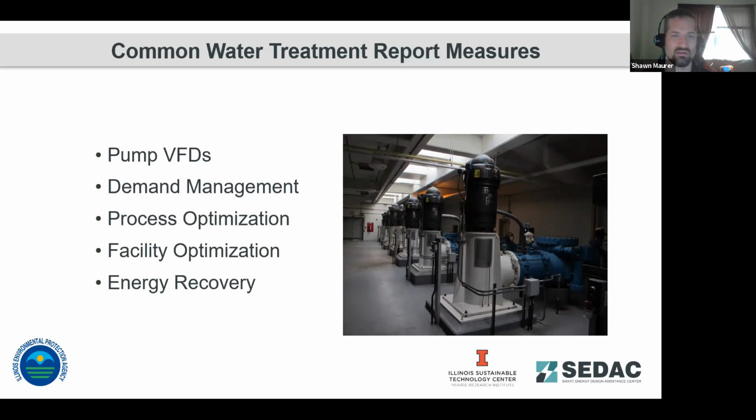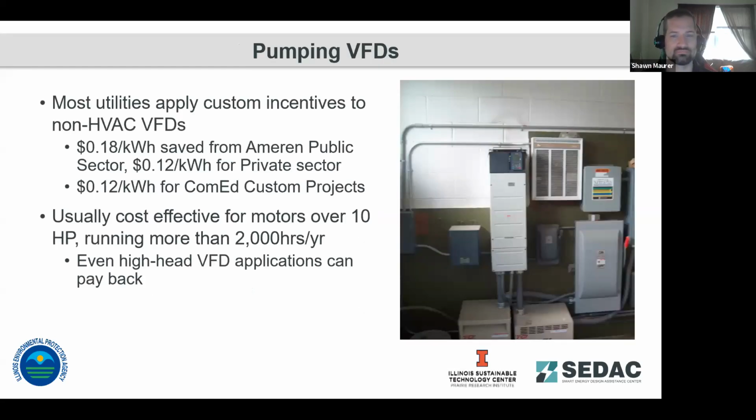Facility optimization goes to lighting, HVAC improvements, building envelope improvements, insulation and air sealing, replacing aged windows, anything like that. And then we'll be looking at energy recovery options. And we'll touch on a couple of those here towards the end of the presentation.